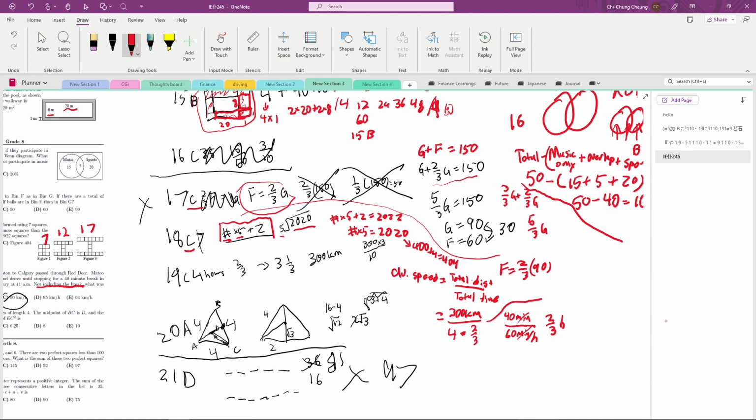If you do the math, you get 300 over 3 1/3, which is equal to 300 over 10 over 3, because 3 when you over thirds is 9.